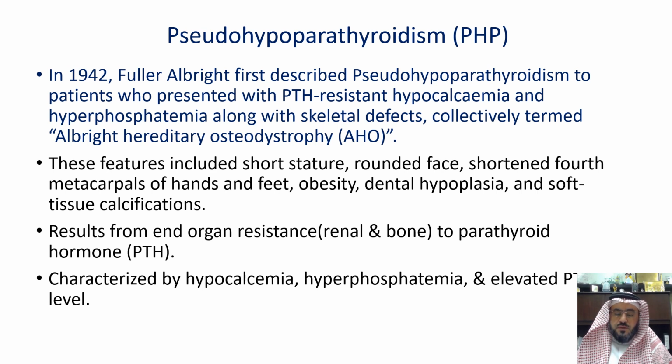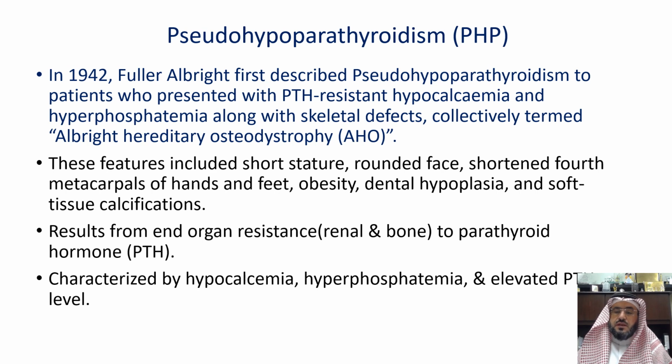Clinical abnormalities include short stature, rounded face, short fourth metacarpals of the hand and feet, obesity, dental hypoplasia, and soft tissue calcification. Cataract, subcutaneous calcification, or intracranial calcifications could all happen in pseudo-hypoparathyroidism.